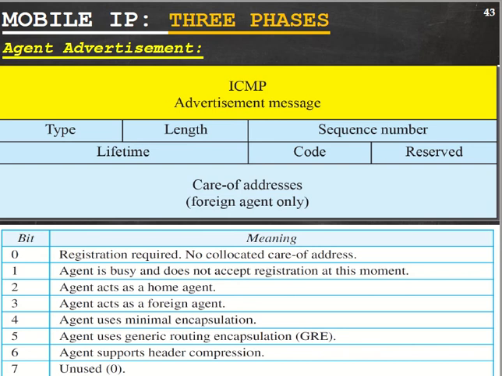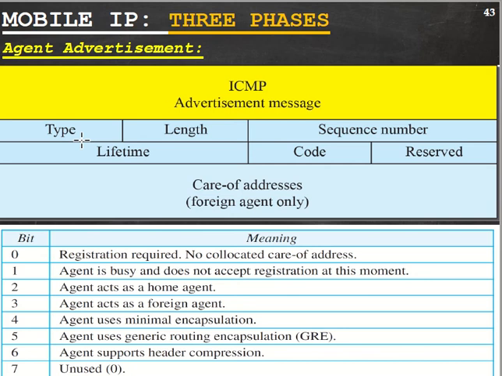The type is an 8-bit field which is set to 16. Second one is length. The 8-bit length field defines the total length of the extension message.